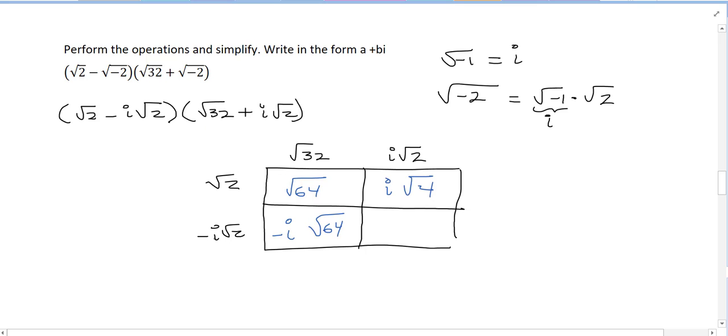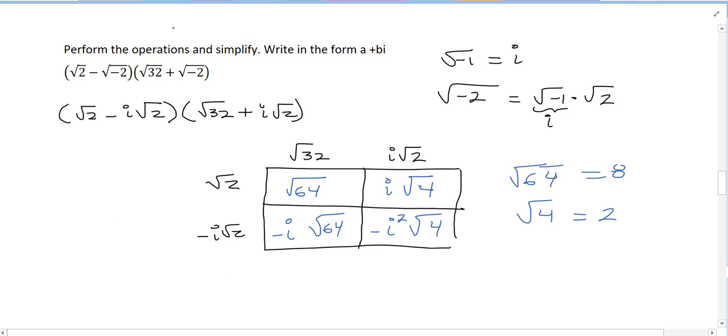And then here, negative i root 2 times i root 2. So now we're going to get negative i squared, right? i times i, and the square root of 2 times the square root of 2 is the square root of 4. So some things to note here, the square root of 64 is 8, and the square root of 4 is 2.